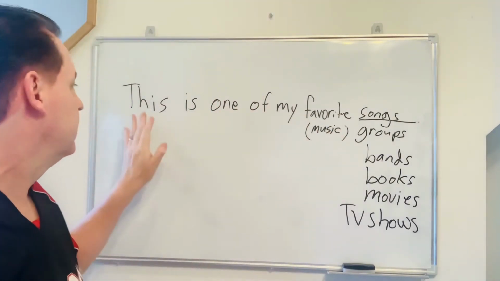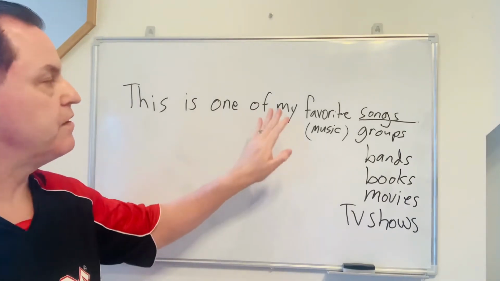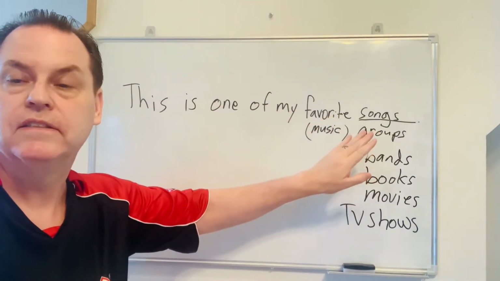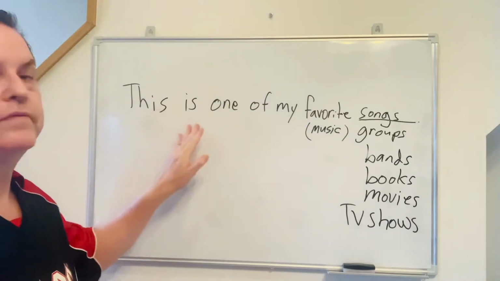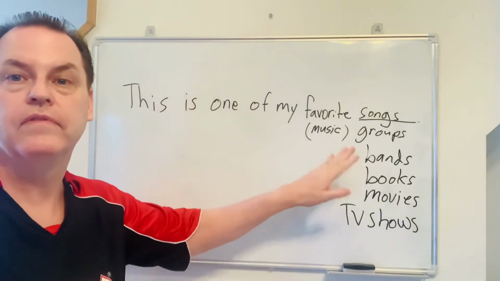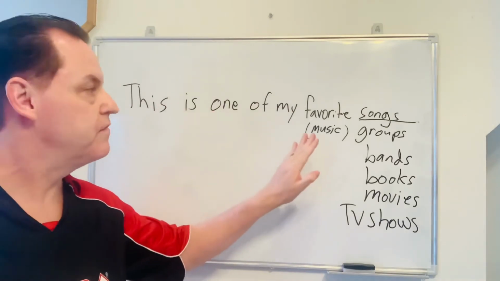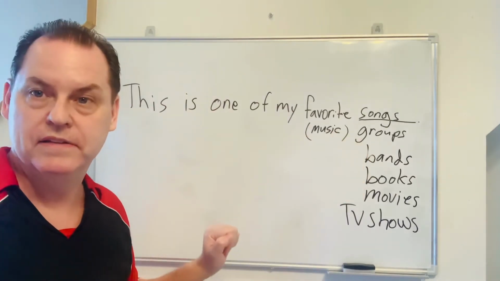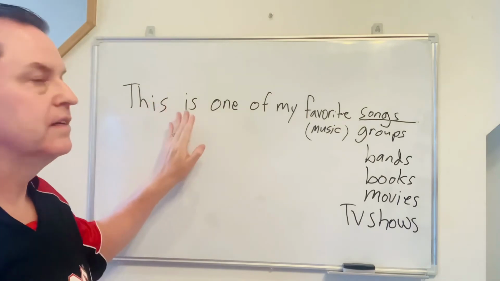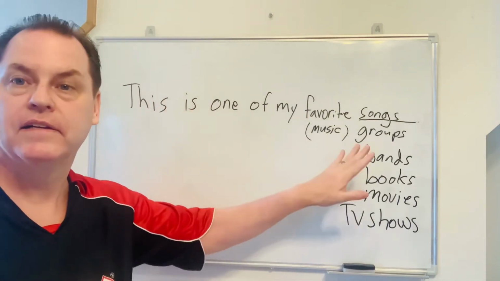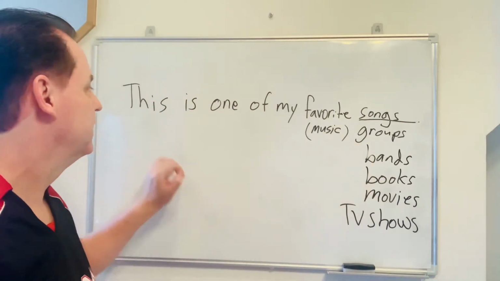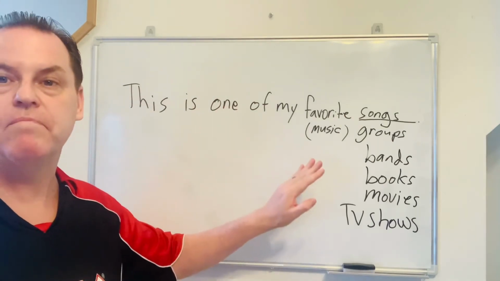Let's practice. This is one of my favorite songs. Okay, now you try. Good. This is one of my favorite groups. Now you try. Good. This is one of my favorite bands.